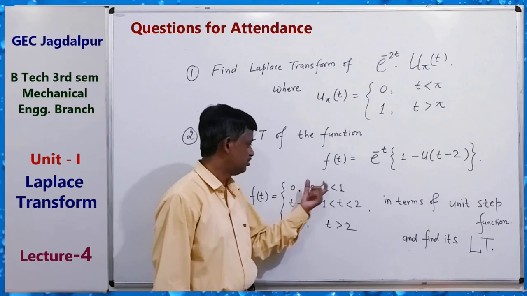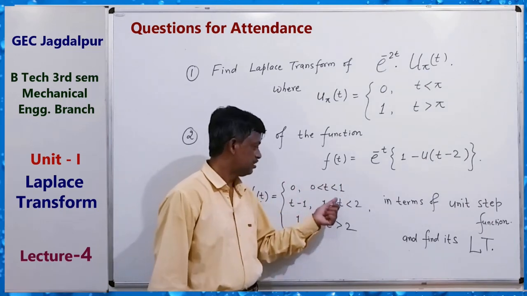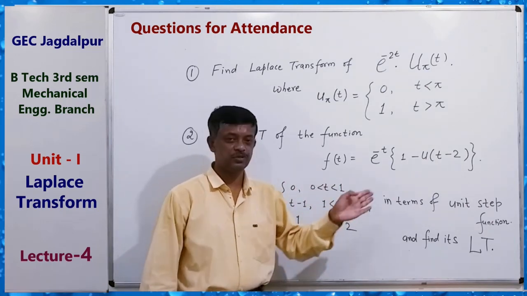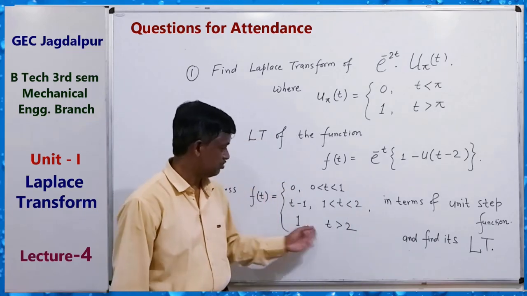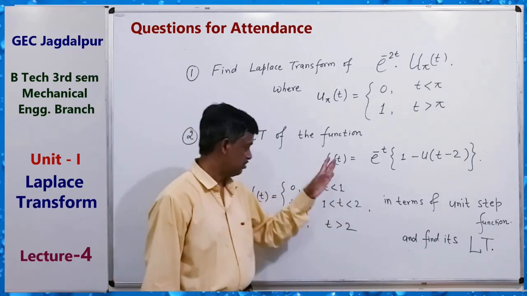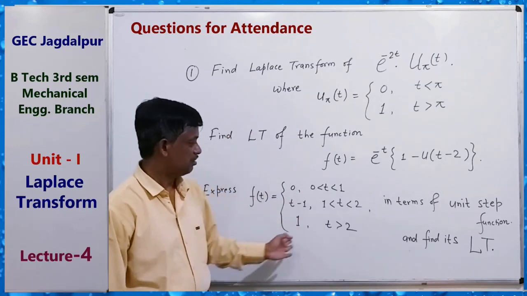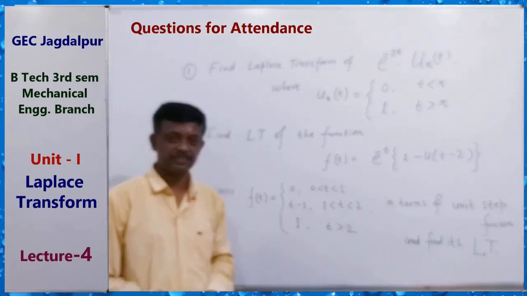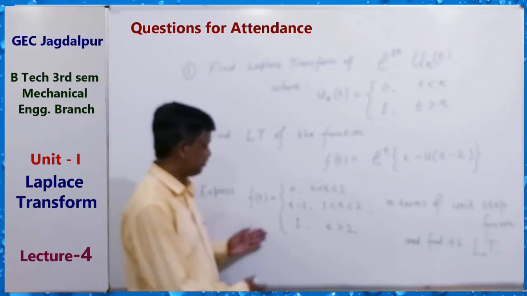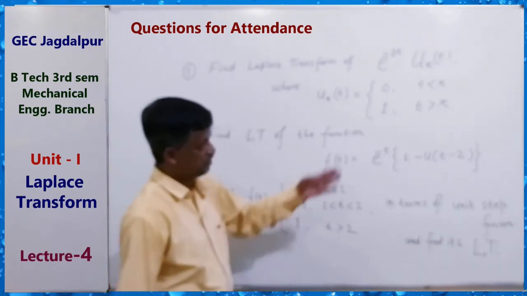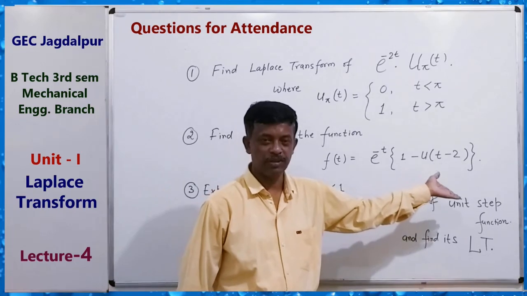So 0 into this, plus (t minus 1) into (u(t minus 1) minus u(t minus 2)), and so on, plus 1 into u(t minus 2). So you can convert the sum of those three into unit step functions, and we can find the Laplace transform by using those formulas.